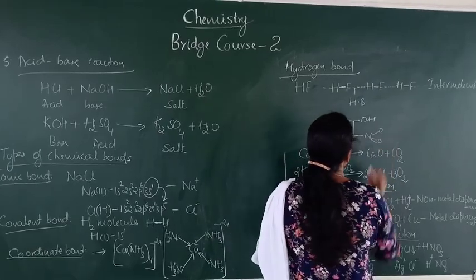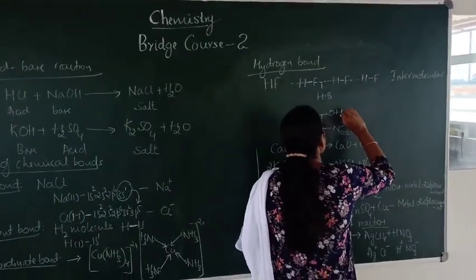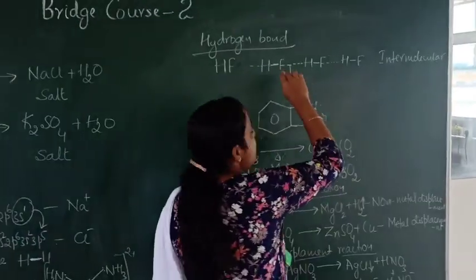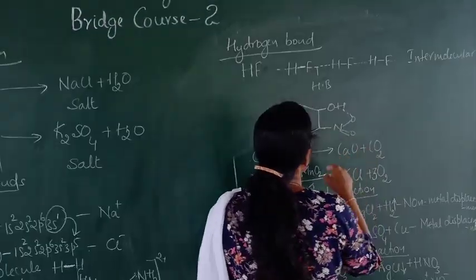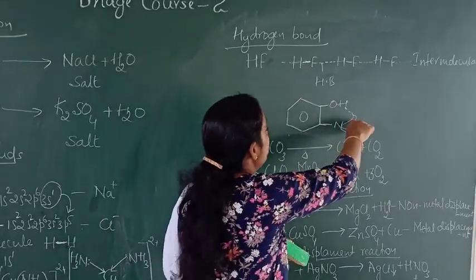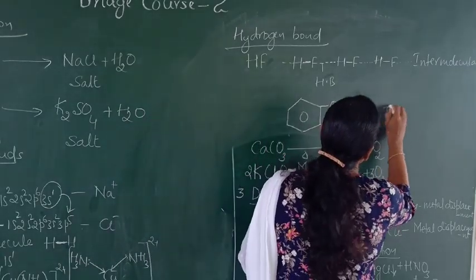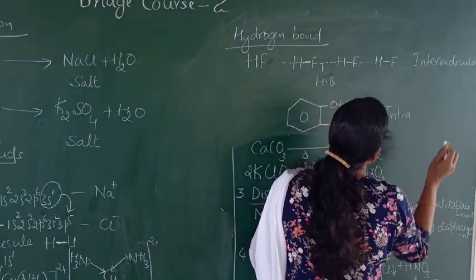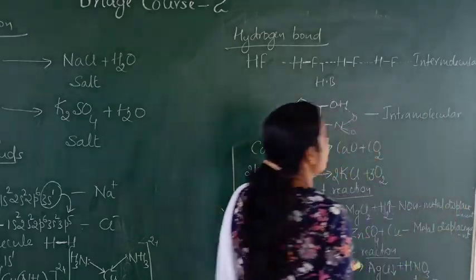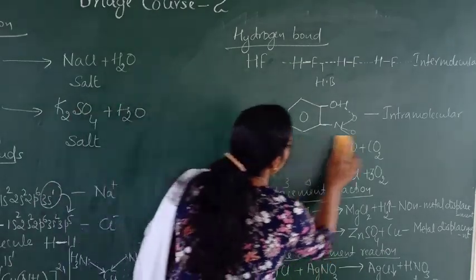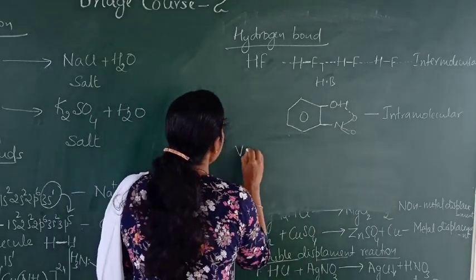In orthonitrophenol, the oxygen atom of the nitro group attracts the hydrogen atom of the OH group, and a bond is formed in between the oxygen atom and hydrogen atom within the molecule. Therefore, this type of hydrogen bond is called intramolecular hydrogen bond.